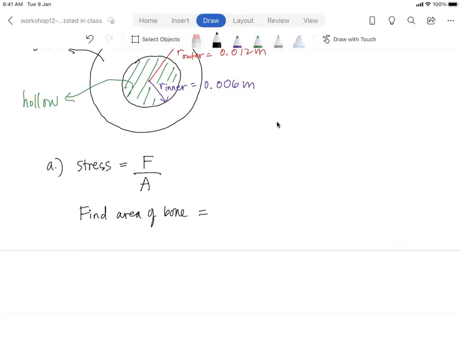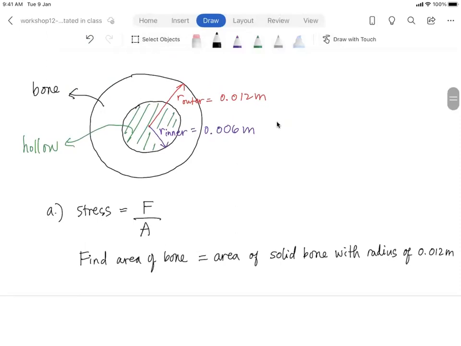Right. So the bone is hollow, so you have to find the area of the solid bone, whose radius is 0.012 meters. You can think of the bone of this outer radius as defining a solid bone.